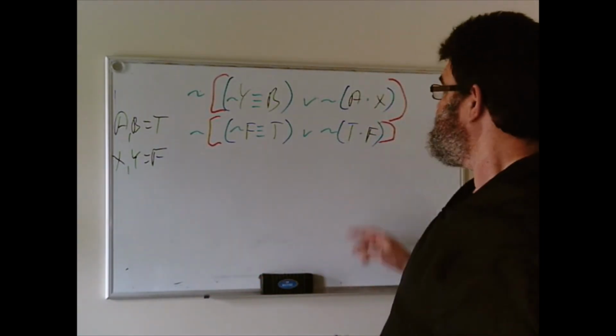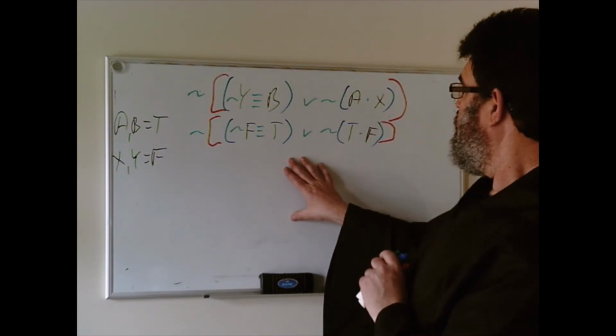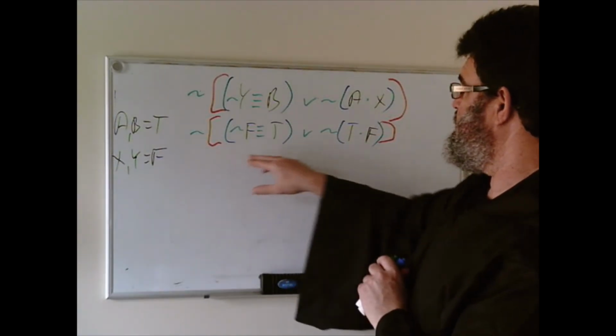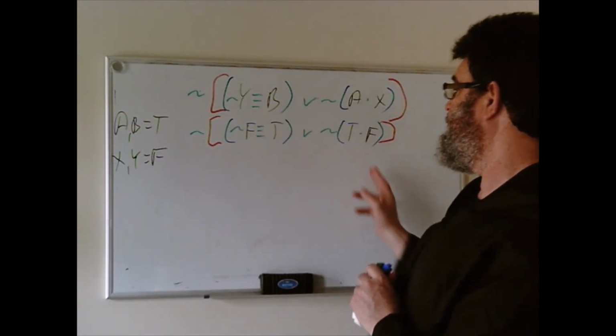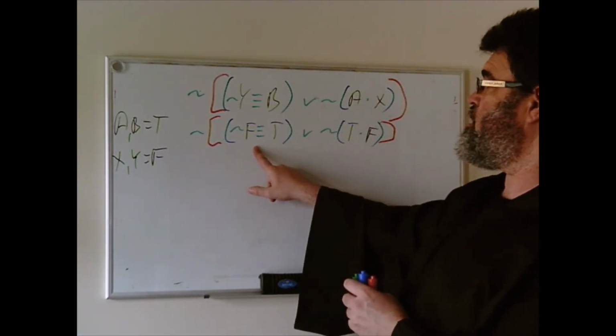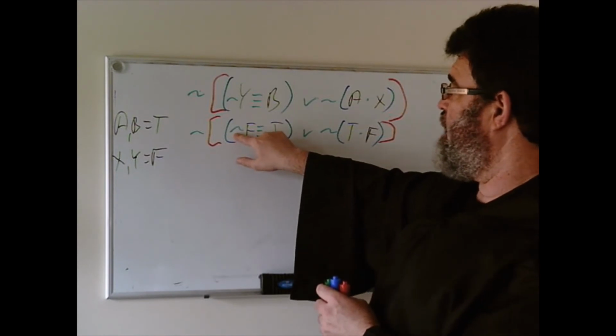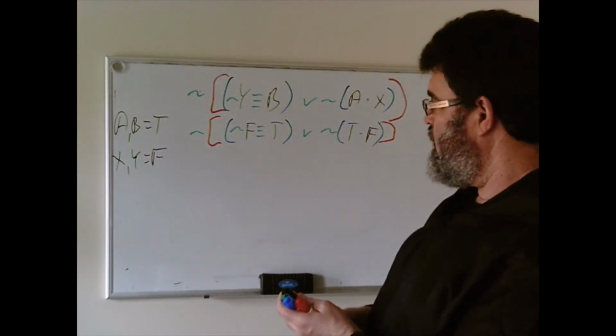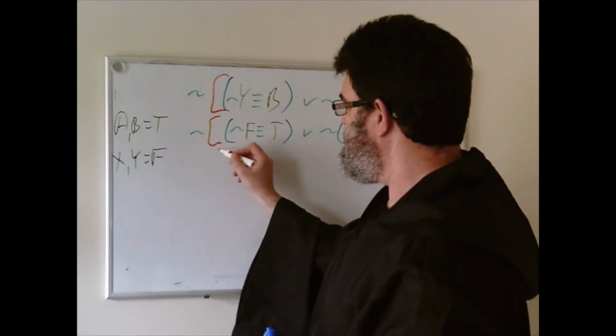So there you go. Now, I have brackets, I have parentheses, I've got negations, so what do? Well, I solve things inside parentheses first, but in this case, I have a negation of a single thing inside a parenthesis.